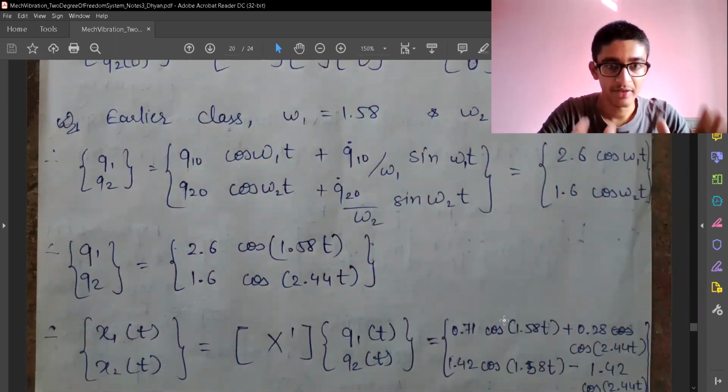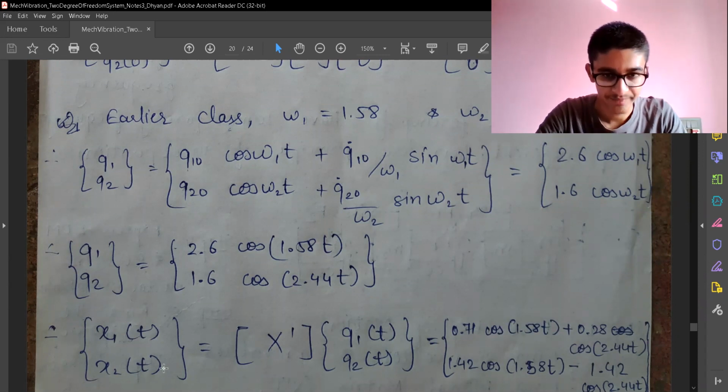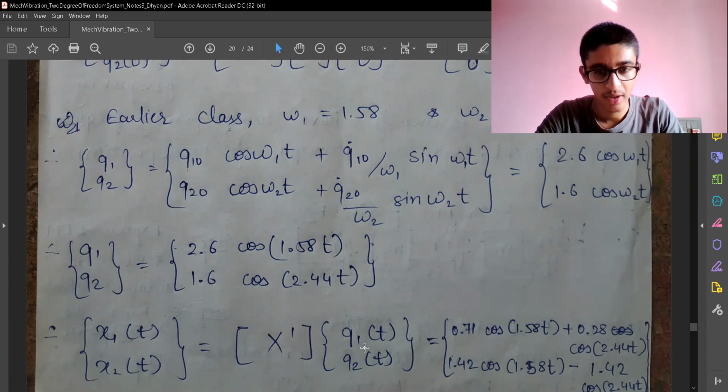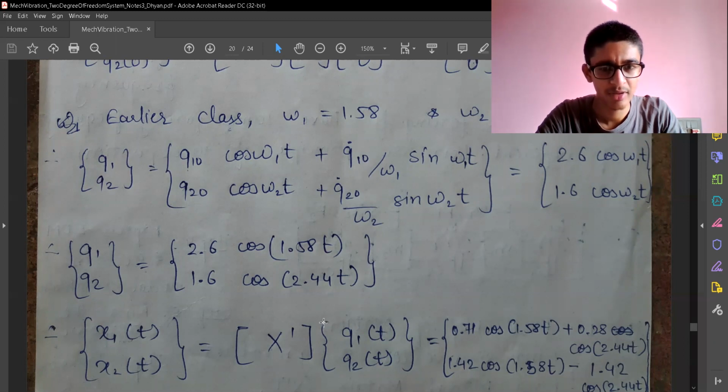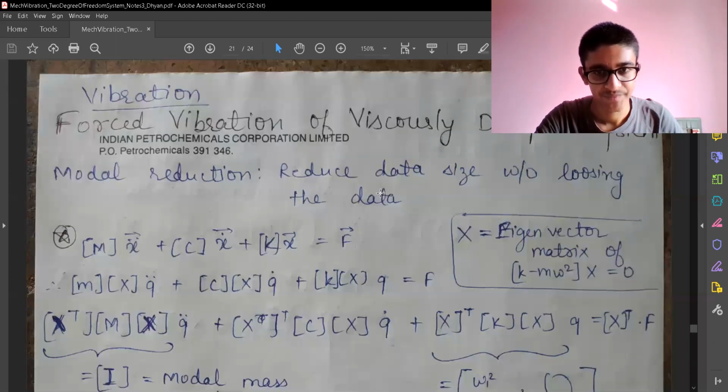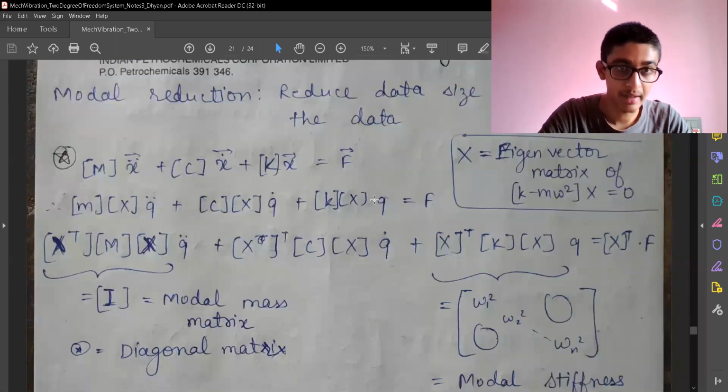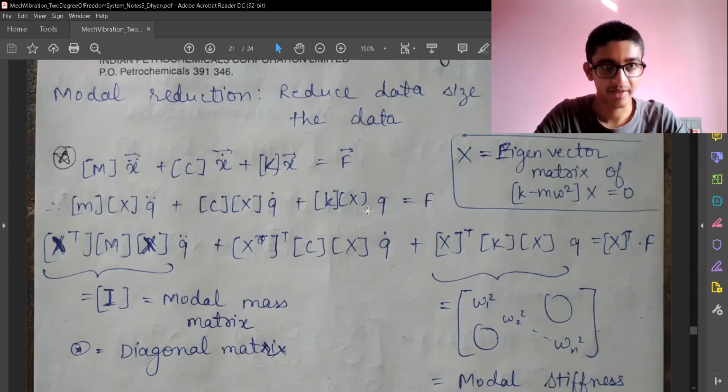By storing the values of X, I can convert a huge amount of data in the original coordinates into a smaller amount of data in Q, which are modal coordinates. I have to store some extra values of eigenvectors alongside, and that's all. That's the part which is attracting us.